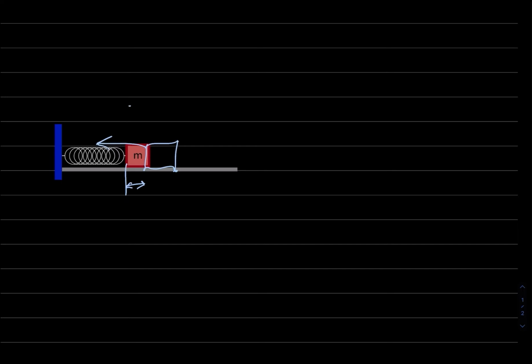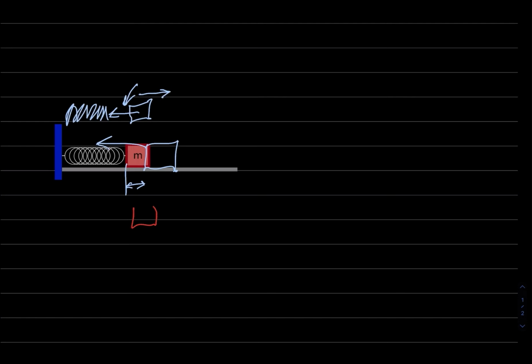Similarly, if you compress the spring, if you push the mass in and make the spring tighter, the spring is going to provide a force that is proportional to the amount that you moved the mass, trying to push things back to the equilibrium position.